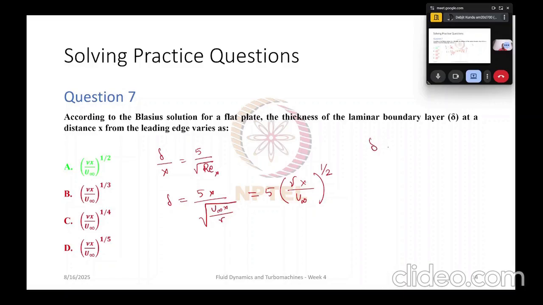So basically, the functional dependence of delta goes as nu x over u infinity power half. So option A should be the correct answer.